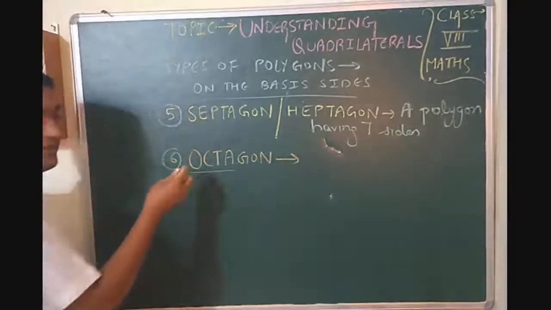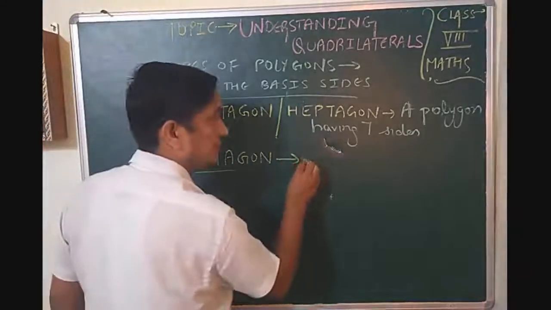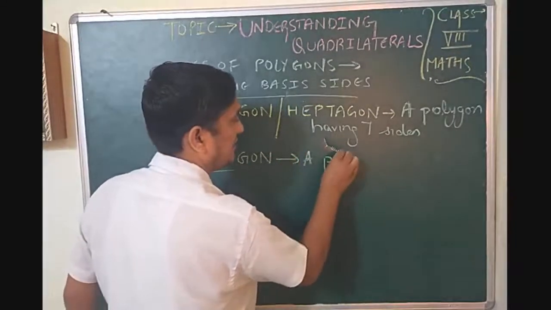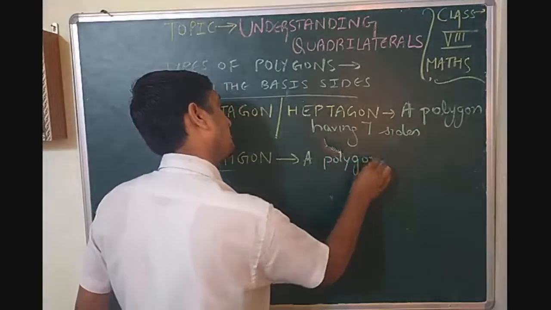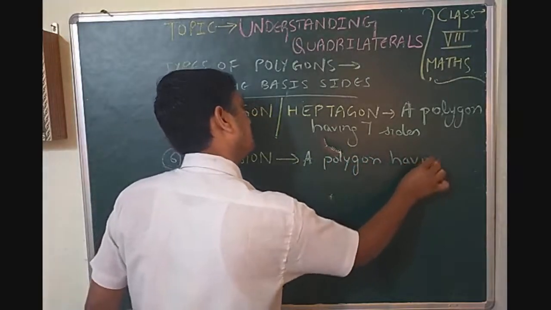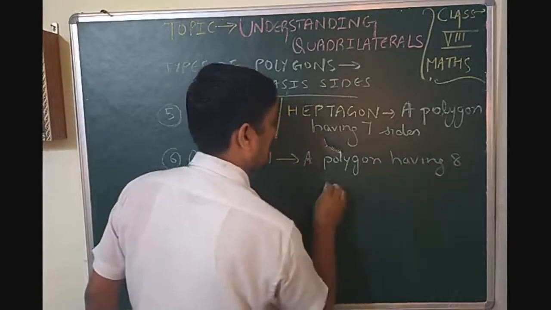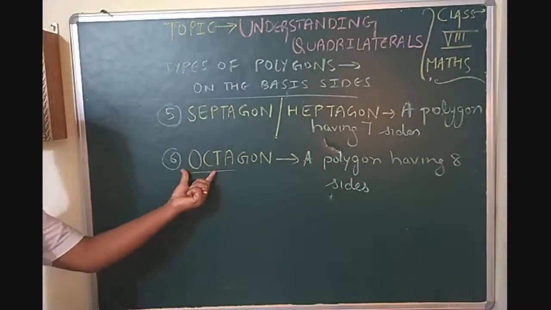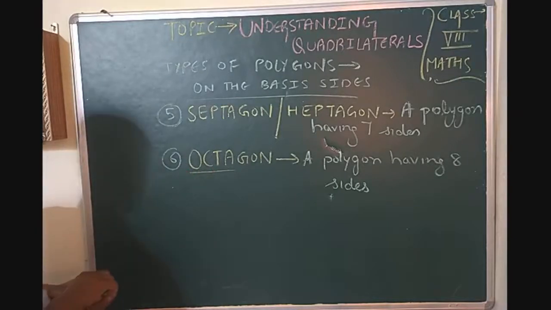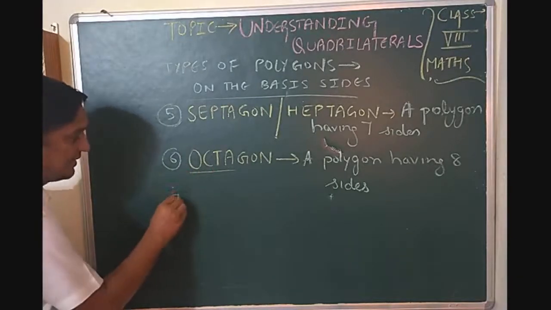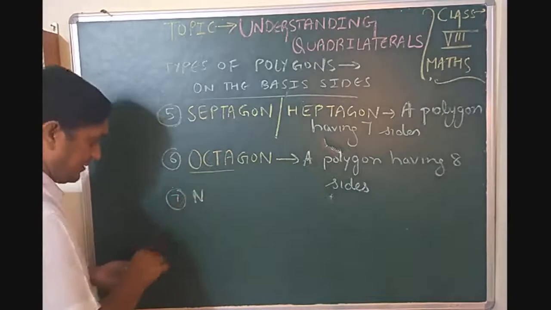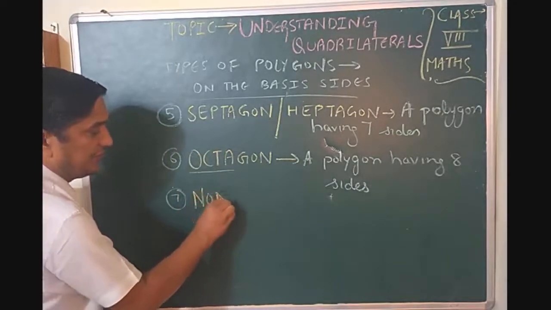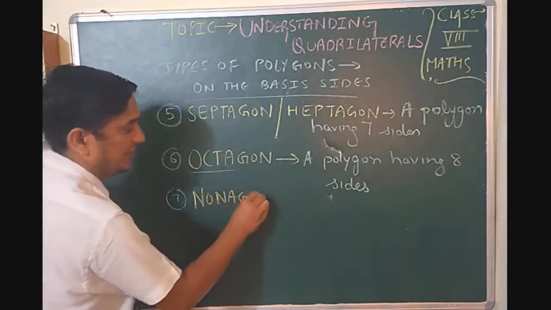Children, octa means 8. So a polygon having 8 sides is called octagon. Next is 7th one, nonagon.